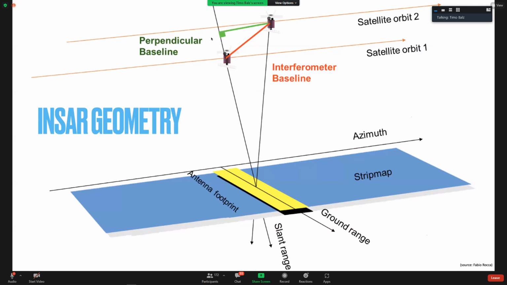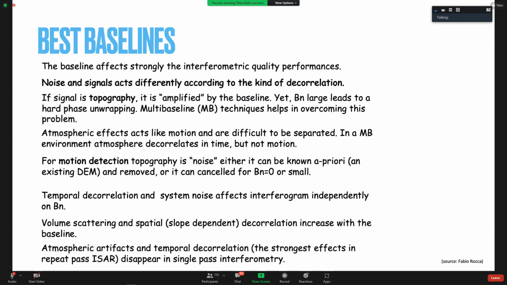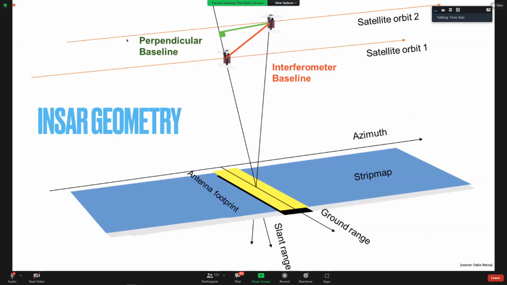These images are taken from typically a slightly different position, and the distance between those is the baseline. The perpendicular baseline would be this line here, the green one.